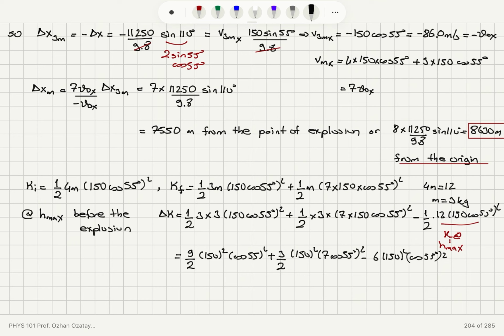So this gives us 150 squared times parentheses 4.5 cosine 55 squared, plus 73.5 cosine 55 squared, minus 6 cosine 55 squared, and this answer is 533 kilojoules.